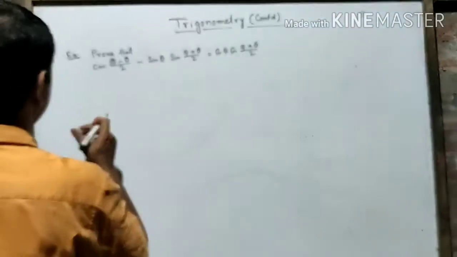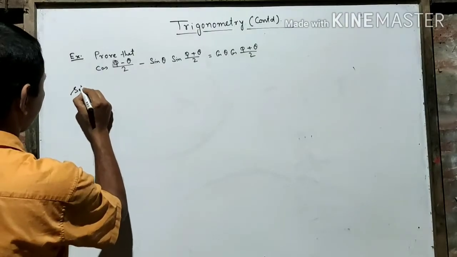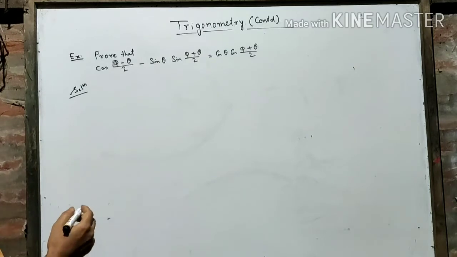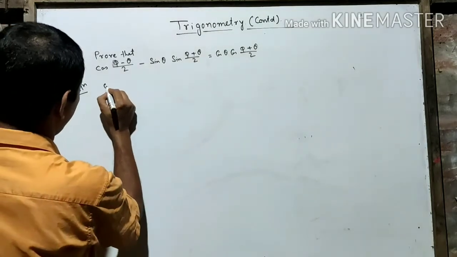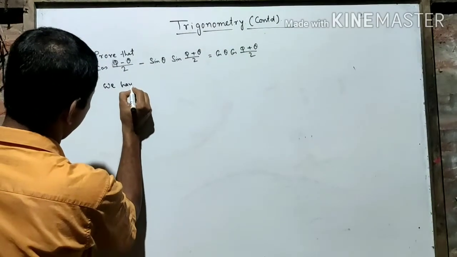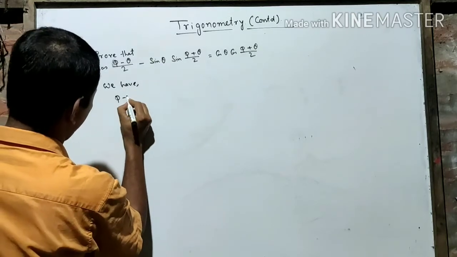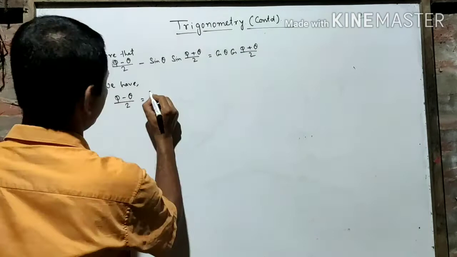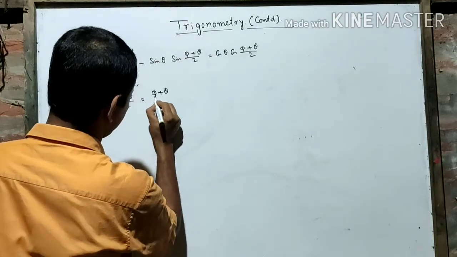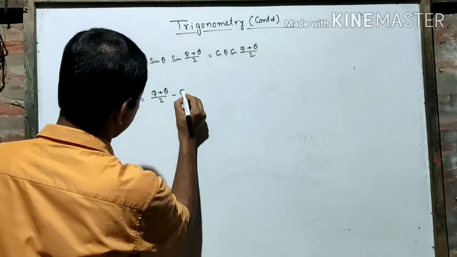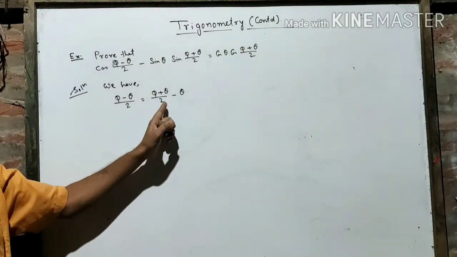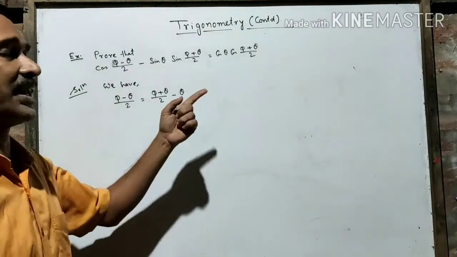Okay, watch it. Phi minus theta by 2 can be written as phi plus theta by 2 minus theta, isn't it? Phi minus theta by 2 is equal to phi plus theta by 2 minus theta.